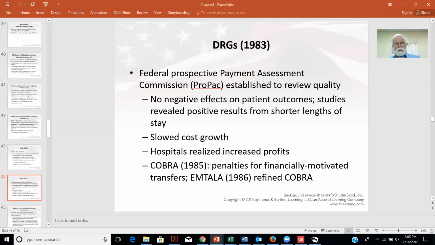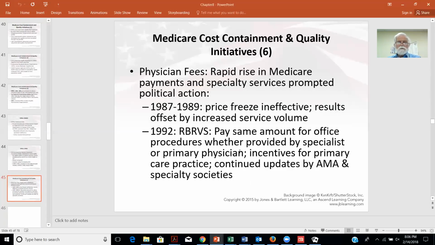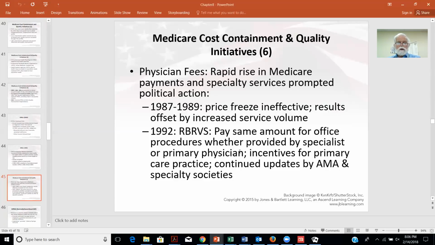COBRA, the Continuation of Benefits Act, came into existence shortly thereafter and really provided for some safety for patients. Physician fees have seen huge rises in Medicare, but late 80s price freezes were tried, didn't work.